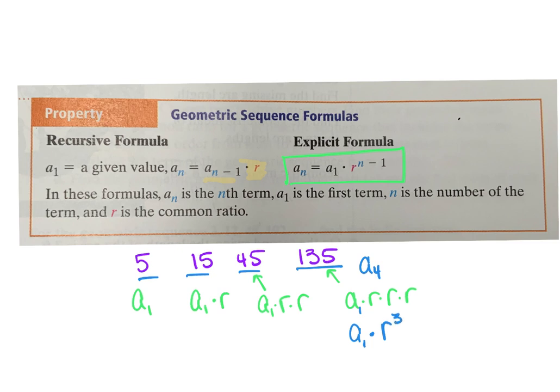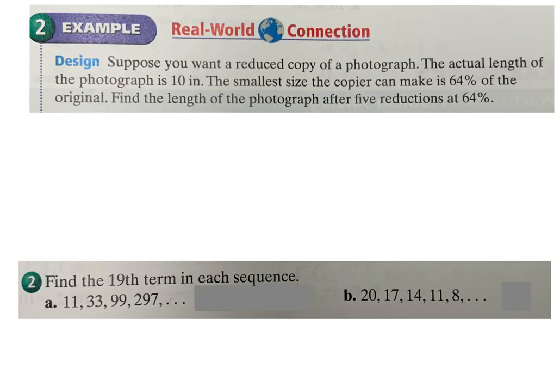Why is that? Well, the first term isn't multiplied by r, so it's one less than the term that you're on. This is where we get the explicit formula for a geometric sequence: the first term times your common ratio to a power one less than the term that you want. Make sense?